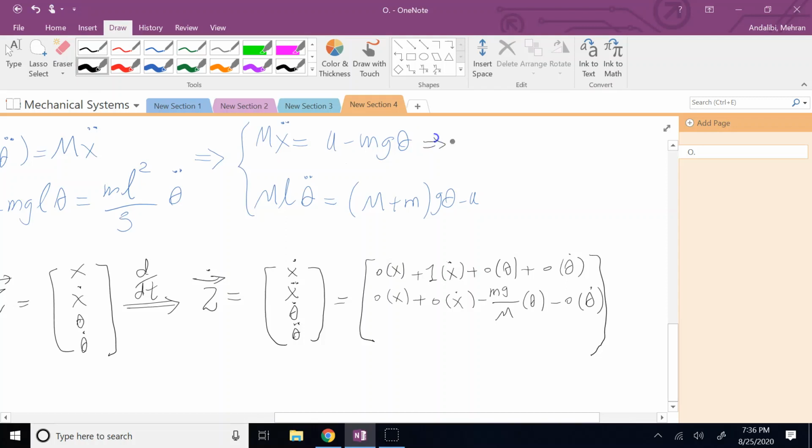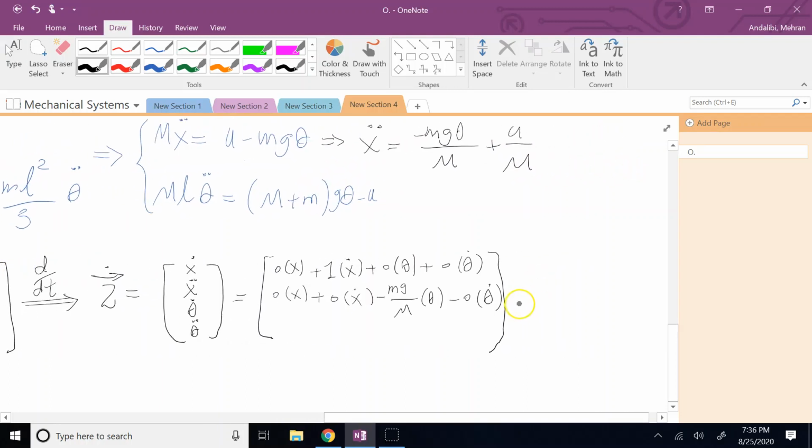Right, so from here I could find x double dot. And there is one extra term here that I actually have to add, and that is plus u over m. I will separate it later into a B matrix.